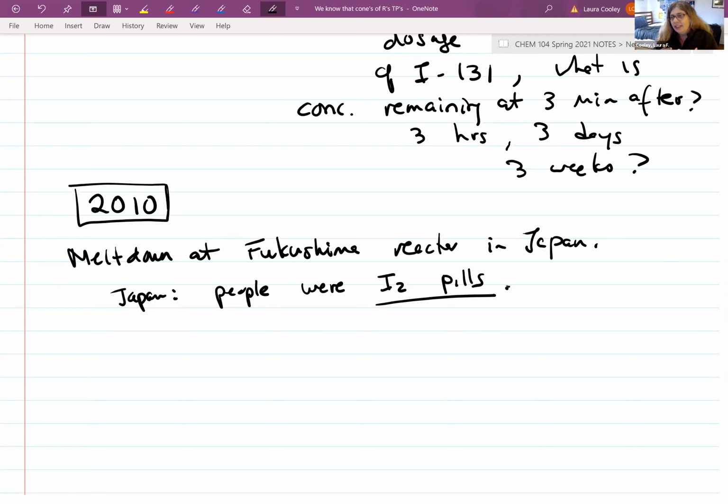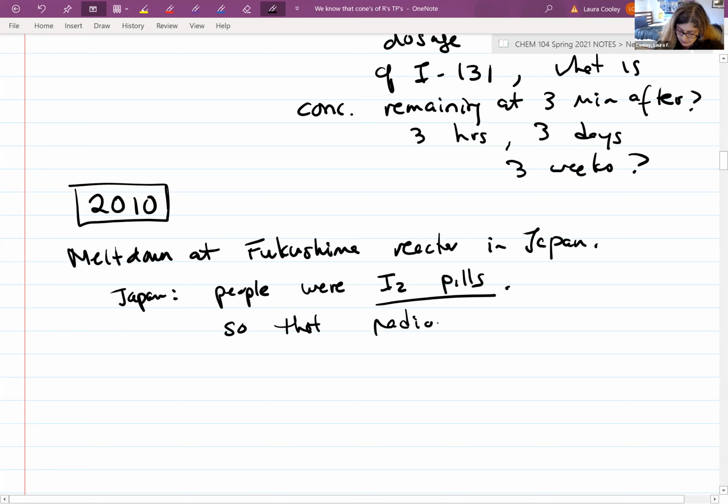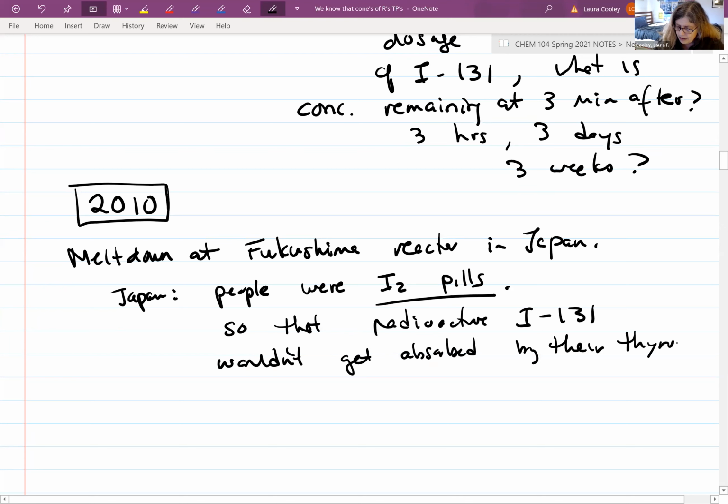It would have the regular iodine there already. So people were taking iodine pills so that the radioactive iodine 131 wouldn't get absorbed by their thyroids. In fact, even people on the West Coast were taking iodine pills. You couldn't buy iodine pills anywhere.